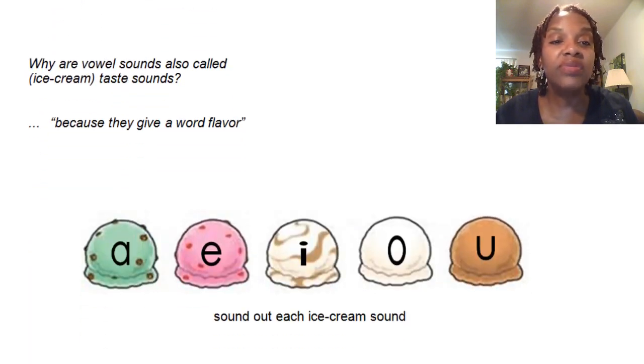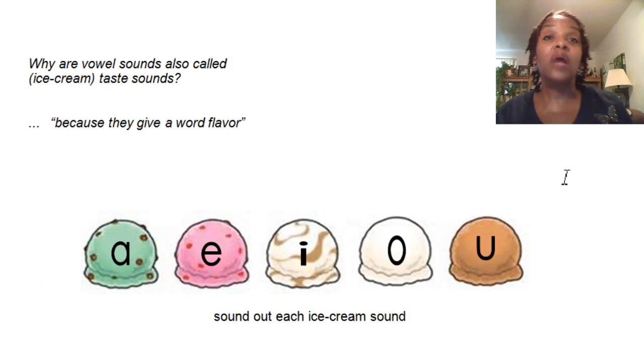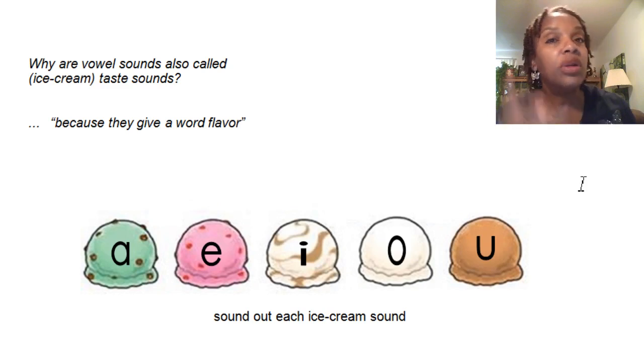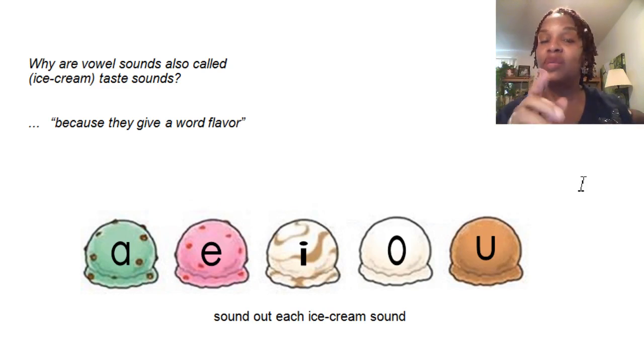Now, another way to think about the vowel letters are taste sounds. I just mentioned that, right? Taste sounds. And I want you to pretend or imagine that they're ice cream sounds. Remember we learned that a long time ago? I want you to think of them as ice cream sounds because they give a word flavor.